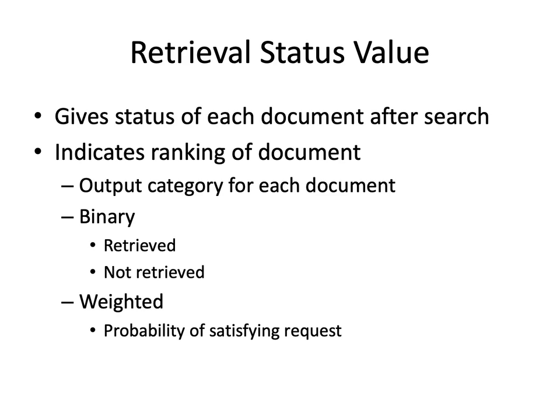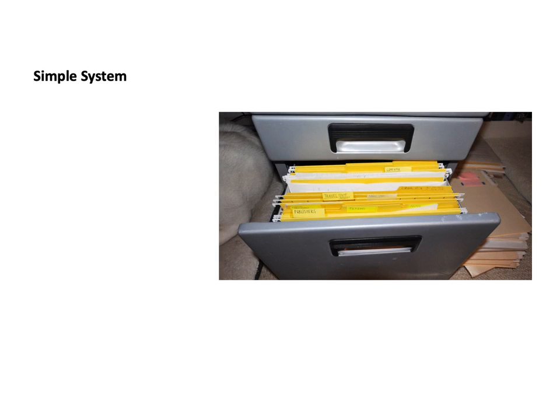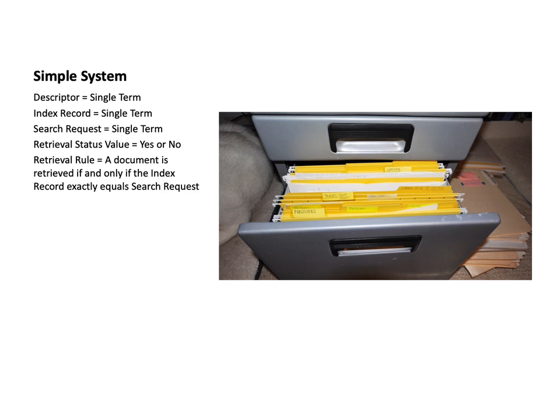Let's start taking a look at how we could apply these notions to systems that have existed in the past and how we can build those up. Let's look at one of the simplest systems, one that should be familiar. The set of manila envelopes in a file cabinet. Here each descriptor is a single term.